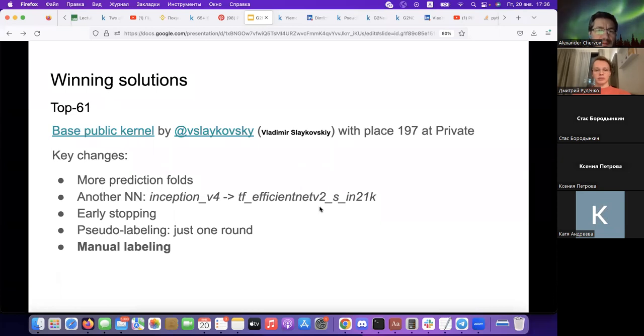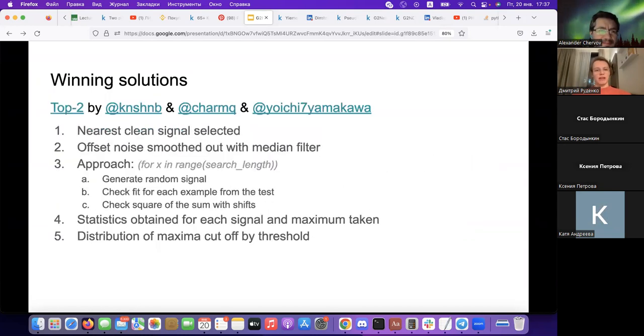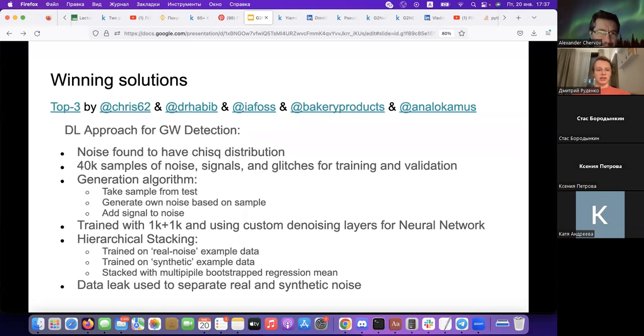Okay. And another standard question. If you look at the general solutions, not only the top 1, 2, 3, but what participants use and describe in the discussion forum, was it mainly neural networks, or how varied were the ideas? People were mainly doing something like the third team did. They were training neural networks, but as far as I see, there was a lack of ideas in this competition.